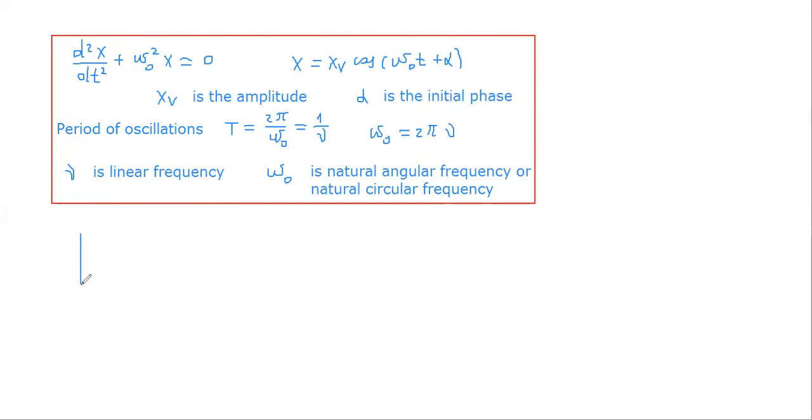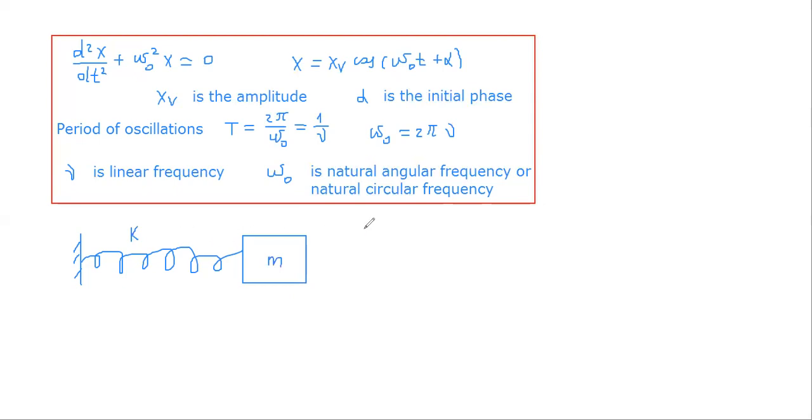I'll remind you that a simple oscillator is a mass connected to the wall by a spring, and here we have the spring constant.